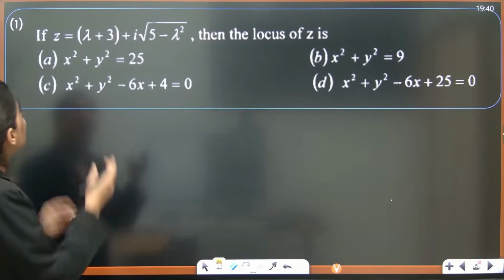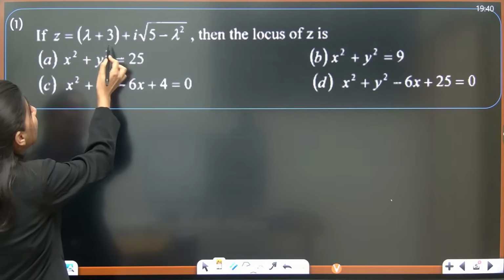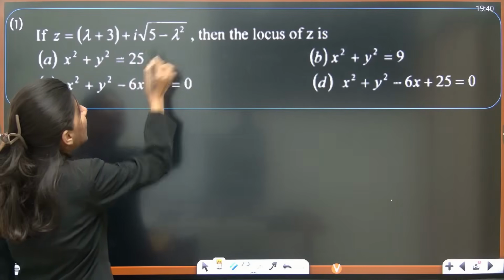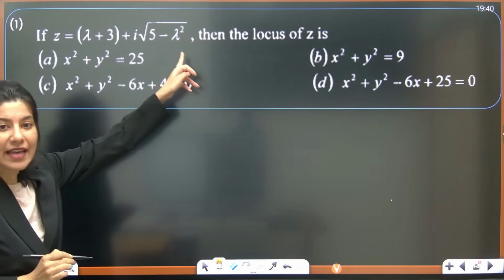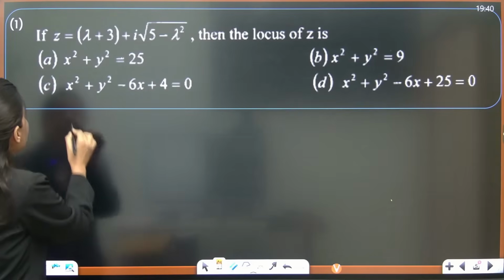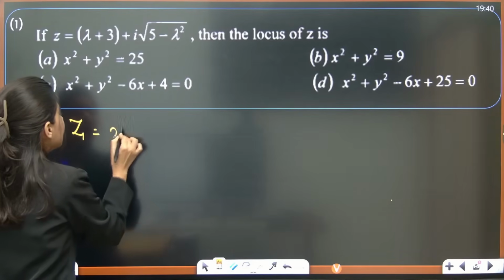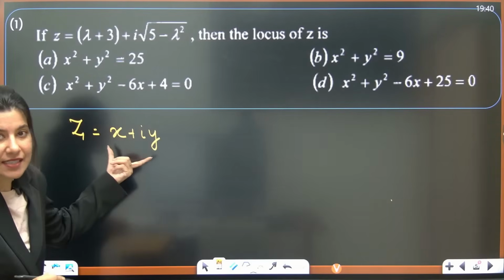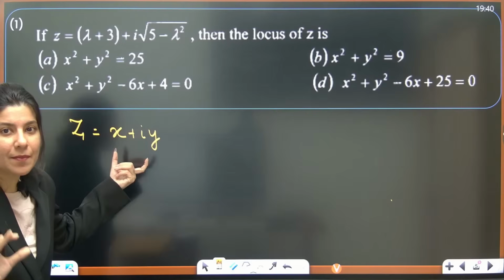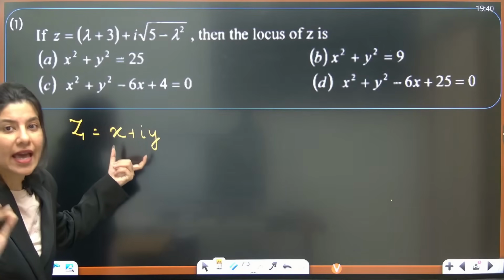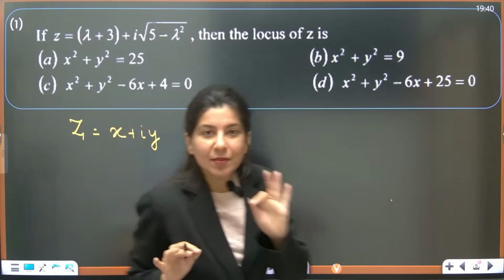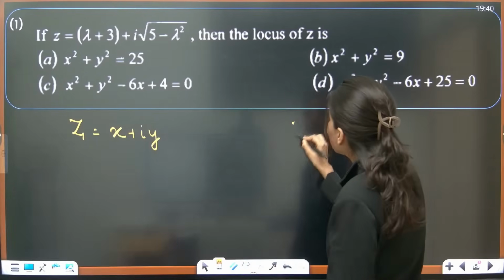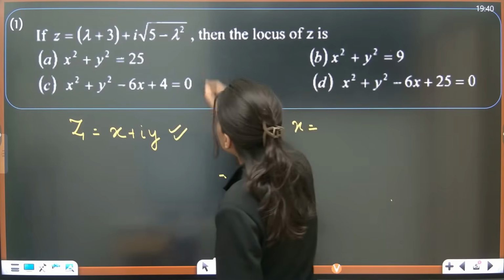Okay, so Z is equal to lambda plus 3 plus iota square root of 5 minus lambda square. So understand always Z is nothing but x plus iota y. If I compare Z, this is your normal basic complex number, x plus iota y. So can anybody tell me what is the value of x if you compare this complex number with this?